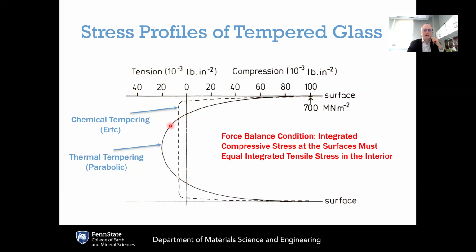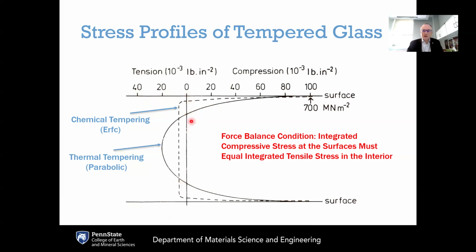And so this part here in the interior, this kind of semicircular shape here in the interior, that stress exactly balances out the integrated stress of the compressive regions. What we see with thermal tempering is that you've got a relatively deep penetration of the compressive stress. It goes about 20% of the way in from either side.